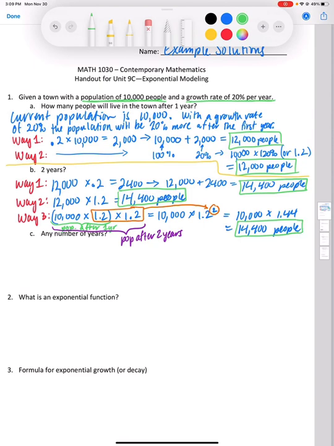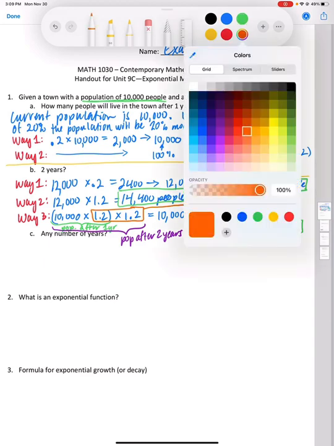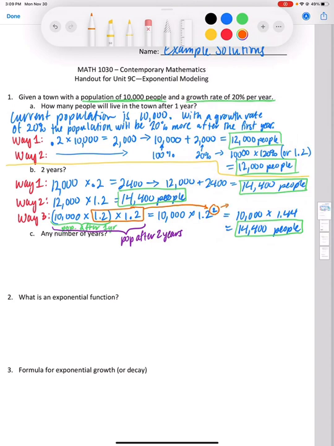We usually favor way 3 because it's the fastest. So this is the 2, which means time equals 2 years. So we use the t as the exponent.